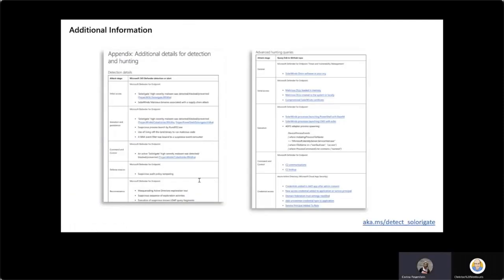So in this talk, we have only presented part of the detections and hunting queries that are relevant to the Solorigate attack. You will see in the appendix of our blog a more comprehensive list of all relevant detections across the Solorigate kill chain from across our Microsoft 365 products, across MDE, MDI, and MCAS, and a comprehensive list of our hunting queries that are relevant for this attack, again available in our GitHub.